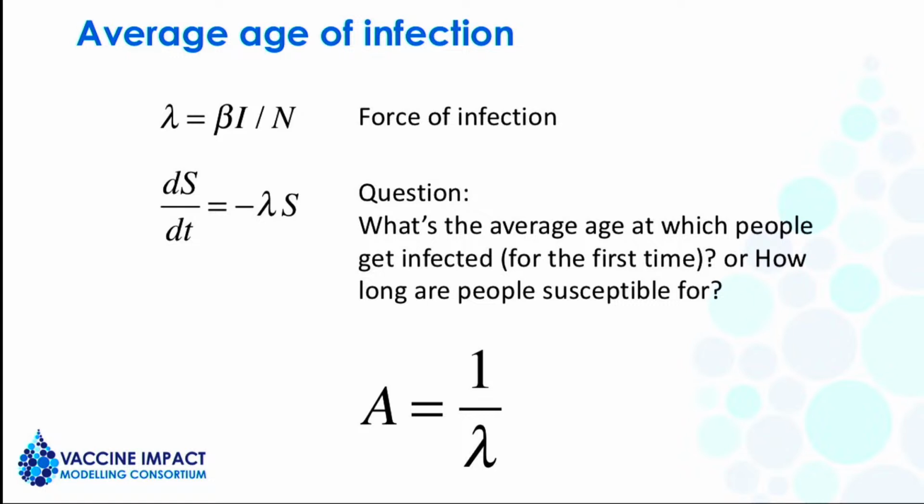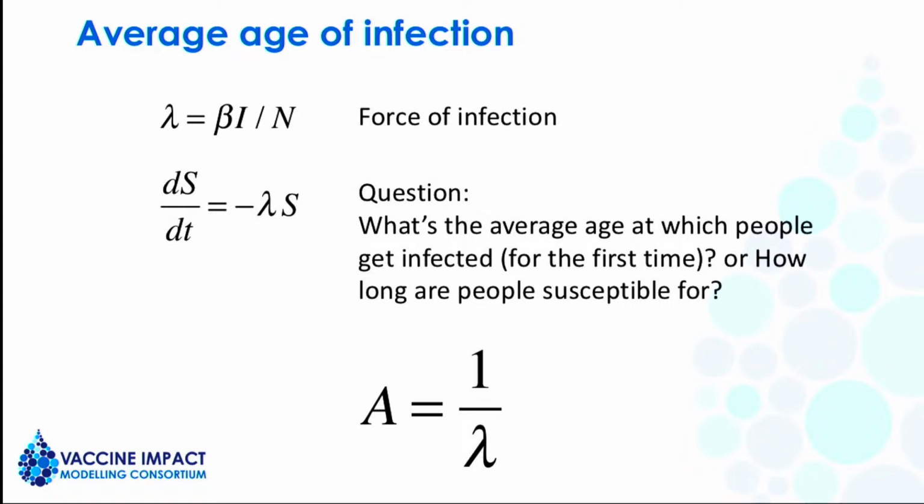We won't think about seasonality, we're just thinking about a constant number of infected people. If we've got that situation with an endemic disease, a susceptible person might be going about their normal life, and this might be years before they come into contact with an infected person.